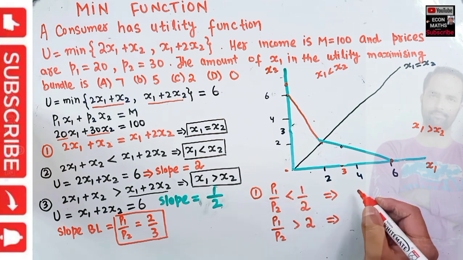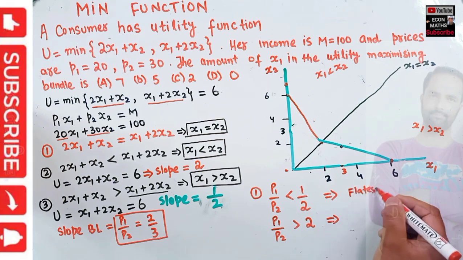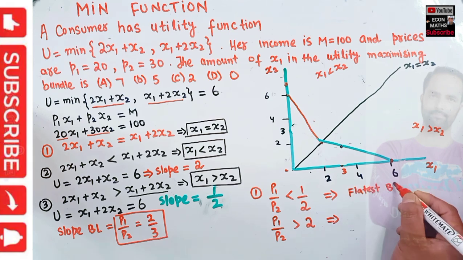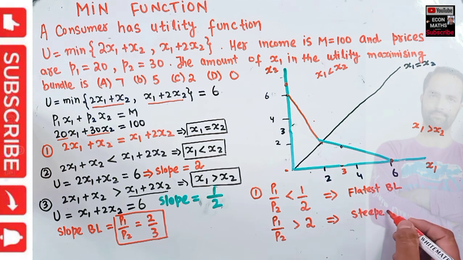So if this is the condition, we have the flattest budget line among these two lines, and if this is the case, we have the steepest budget line.